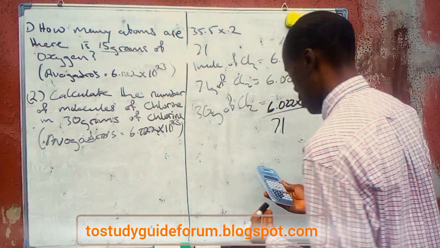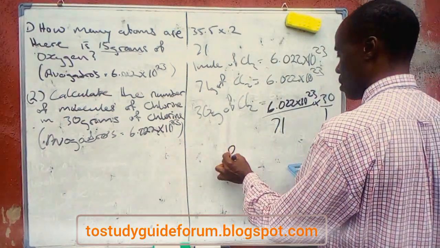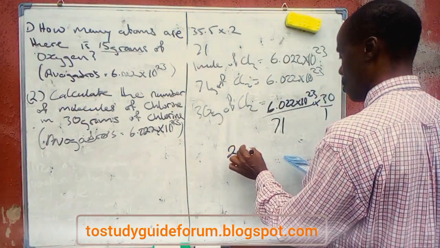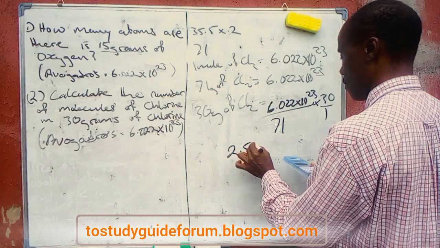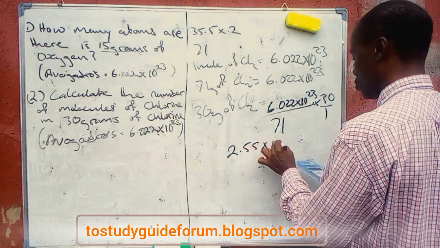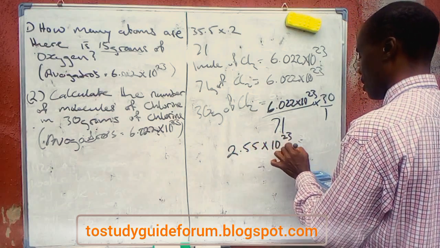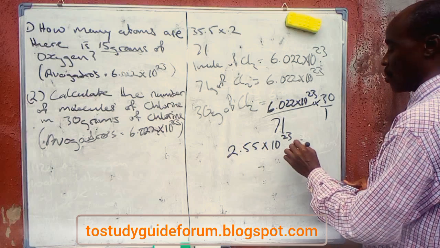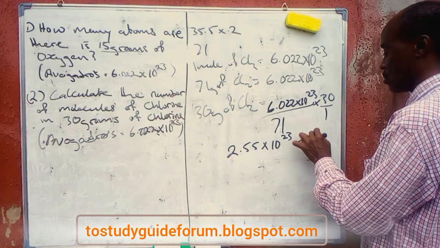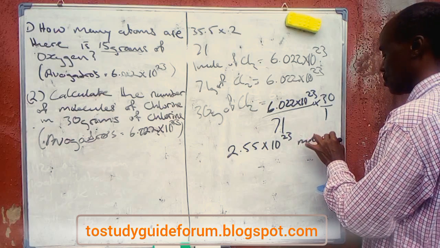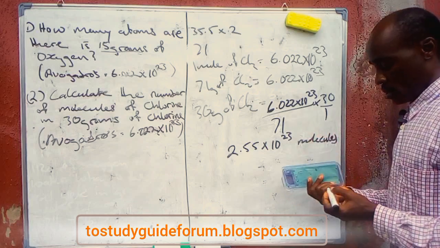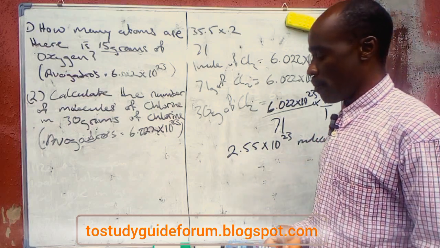What we have is 2.5 times 10 raised to the power 23 molecules. So that is the number of molecules we have.